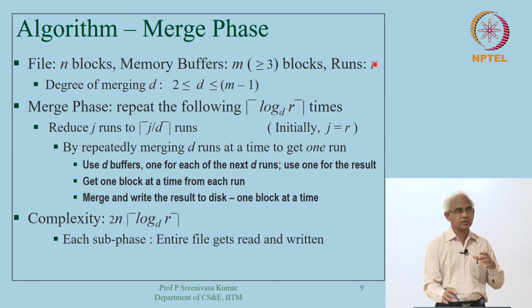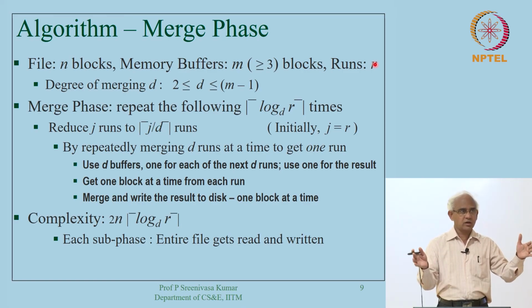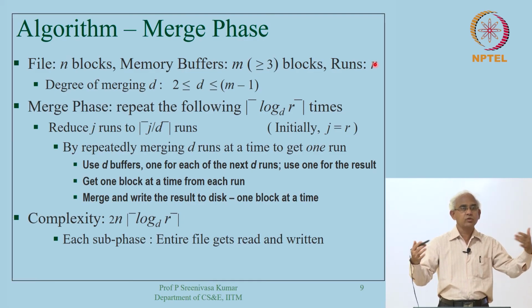In each of these subphases, we are actually reading the whole data file, because the records are spread over these r runs. We are reading all those runs and then reducing them to r by d runs.